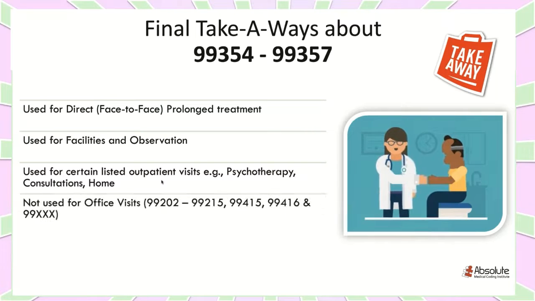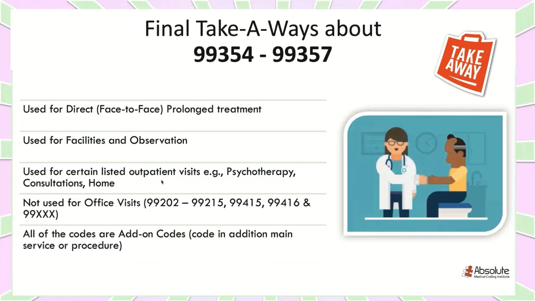These are not used for office visits, 99202 through 15, it's not used for clinical staff, 99415 and 99416, and it's not used for that new prolonged services add-on code 99XXX. And remember, all of these codes are add-on codes, so just keep that in mind.